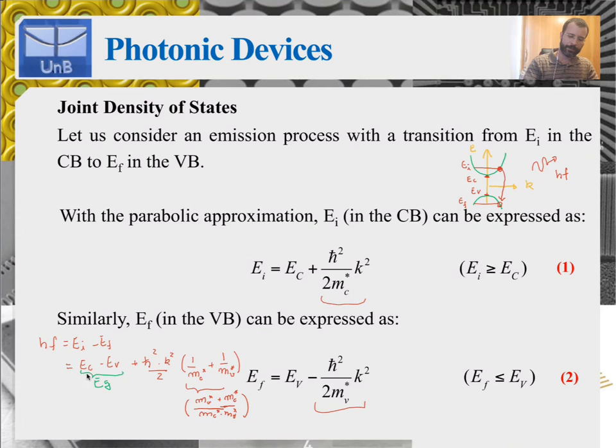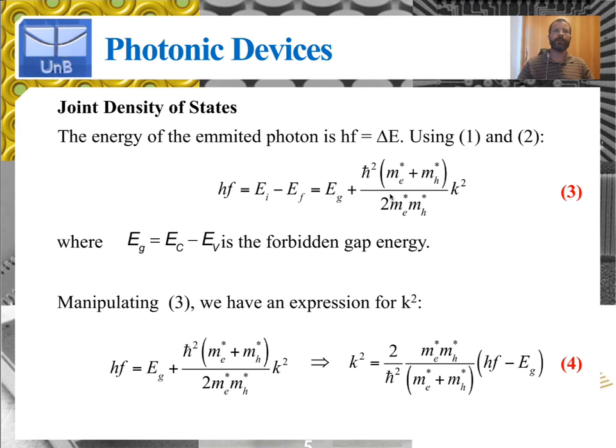Therefore, we can write that hf is equal to Eg plus h bar squared times k squared over 2 multiplied by mv star plus mc star divided by mv star times mc star, where Eg is the gap energy, which is equal to Ec minus Ev.